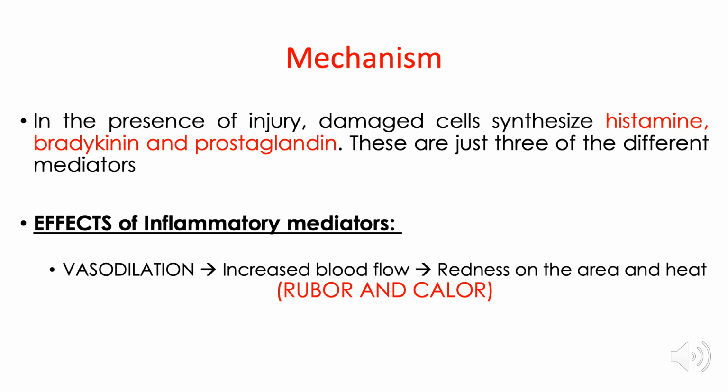These damaged cells will release the chemicals histamine, bradykinin, and prostaglandin. One of the physiologic effects of these chemicals is vasodilation. As shown on the previous slide, you've noticed that the blood vessel has increased its diameter, and that's vasodilation. With vasodilation, there is increased blood flow.